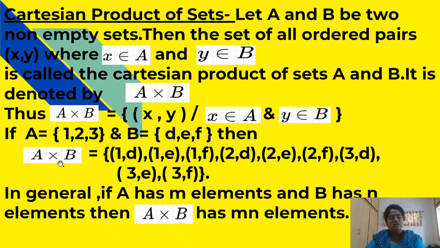You can see that this A cross B contains 9 elements, whereas A contains 3 elements and B contains 3 elements. Therefore, 3 into 3, that is 9. That is, in general, if A has m elements and B has n elements, then A cross B has m into n elements.